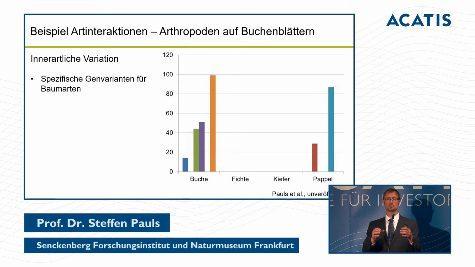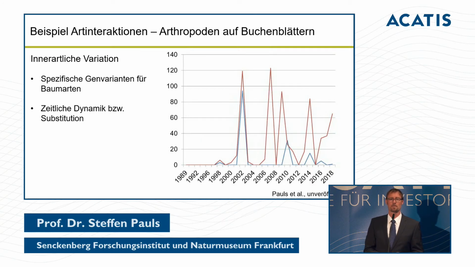So we really have an ecological difference within a species, and we could trace it in a genetic variation.